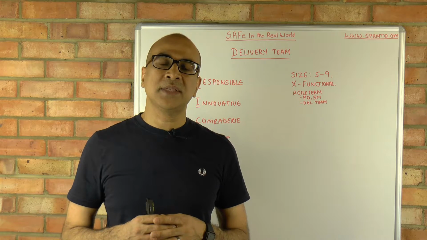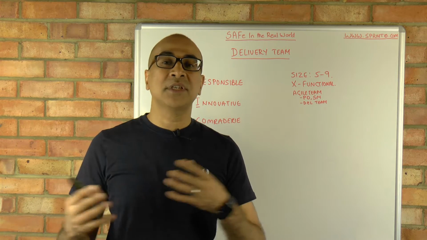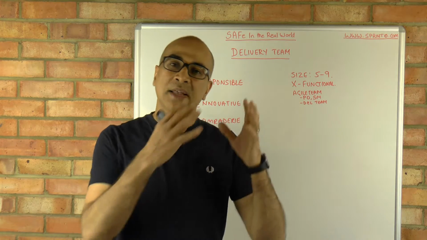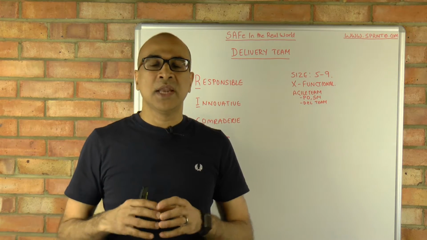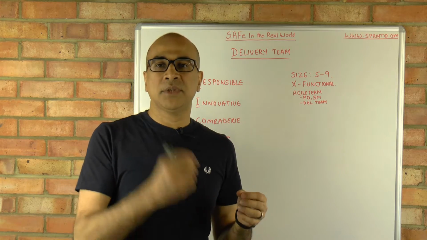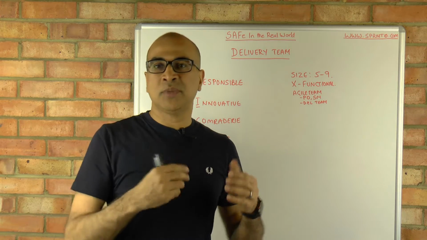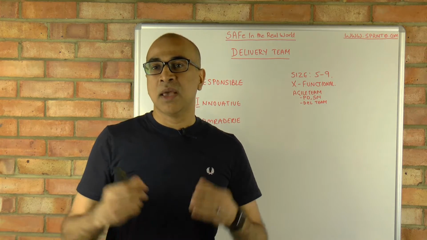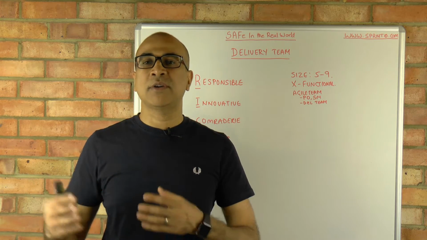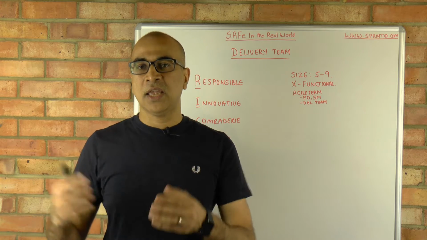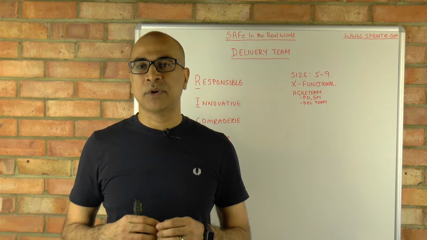Now, one of the things that I would like to say is that there is a difference between a Scrum development team and a SAFe development team. The Scrum development team may not be involved so much in program level ceremonies, but a SAFe development team will have a greater involvement in some of these program level ceremonies.